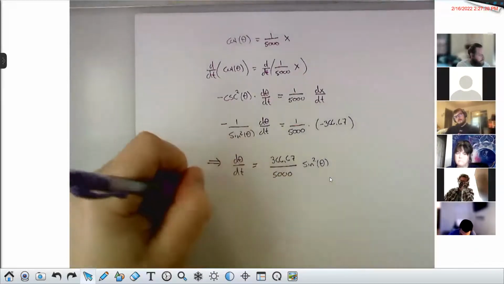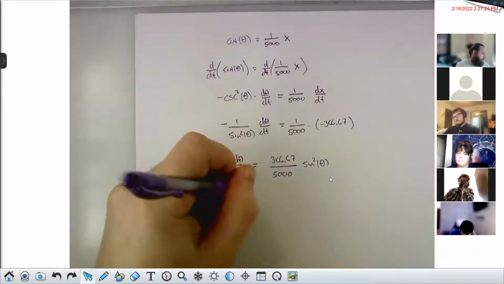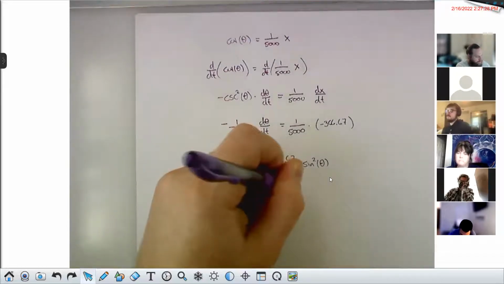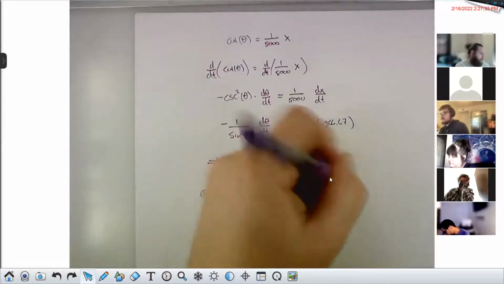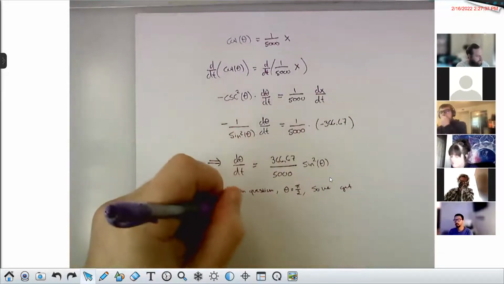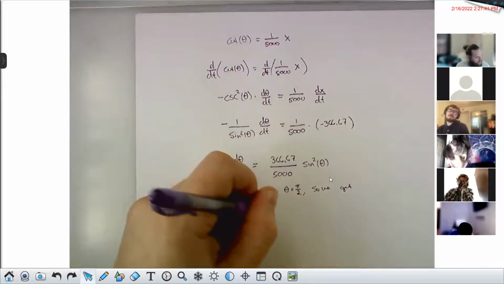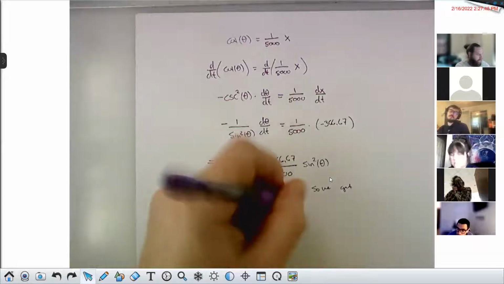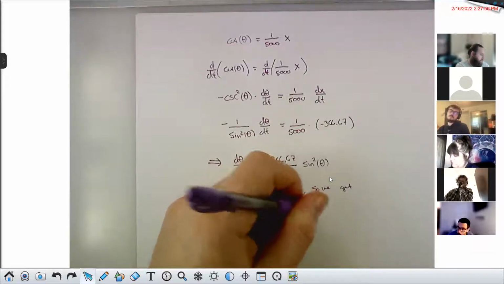So at the moment in question, theta is pi over 2. So we get d theta dt equals 366.67 over 5,000 times sine squared of pi over 2.